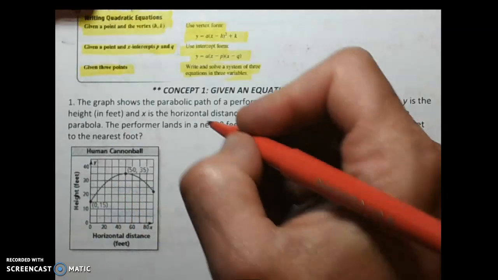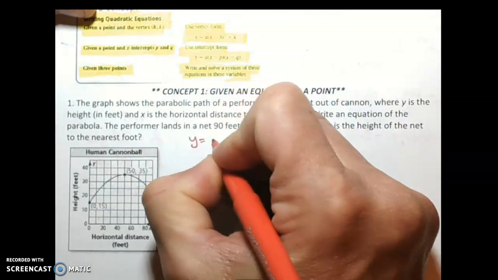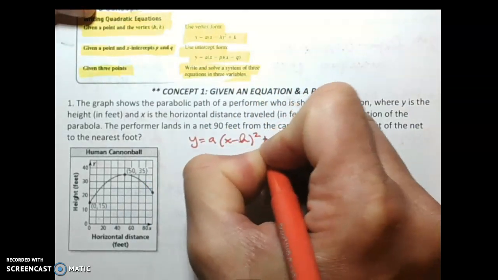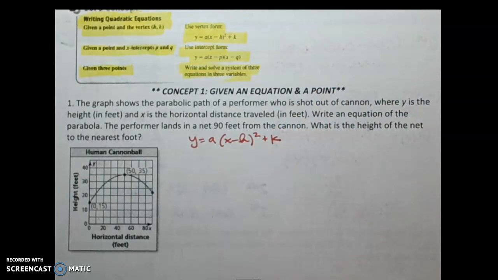Alright, so again, I'm looking right here at this graph, and what is given to us? Well, we're given a point and another point, but that point is a special point. That is your vertex. Therefore, I am going to use vertex form. y equals a times the quantity x minus h squared plus k.